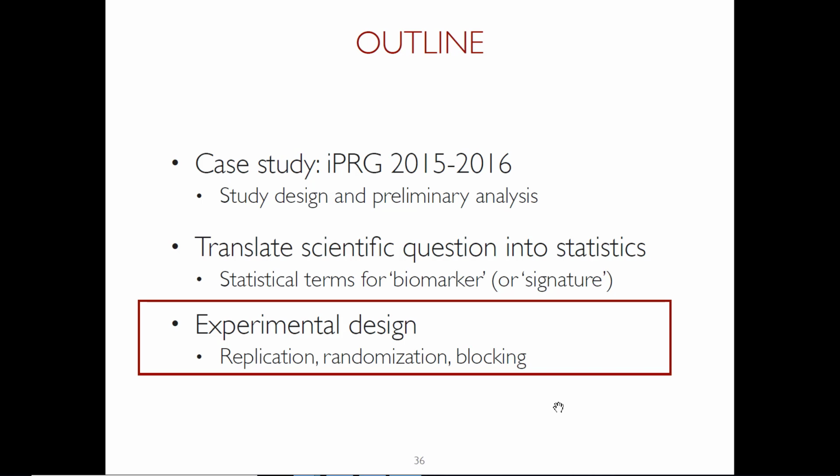Maybe a fold change of 1.1 is not really that useful. But maybe in other situations, 1.1 is exactly what you're looking for, depending on the biology. And so you would decide what is the minimal fold change which would be interesting to you. And then you would say what would be the sample size that is needed to actually be able to distinguish this change from the artifacts of random variation.